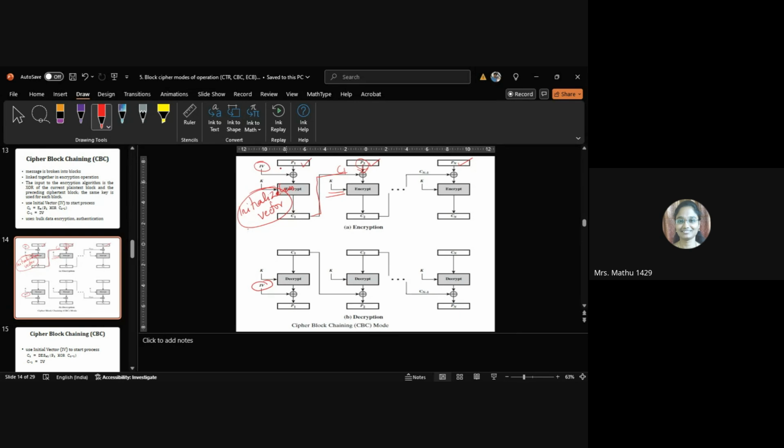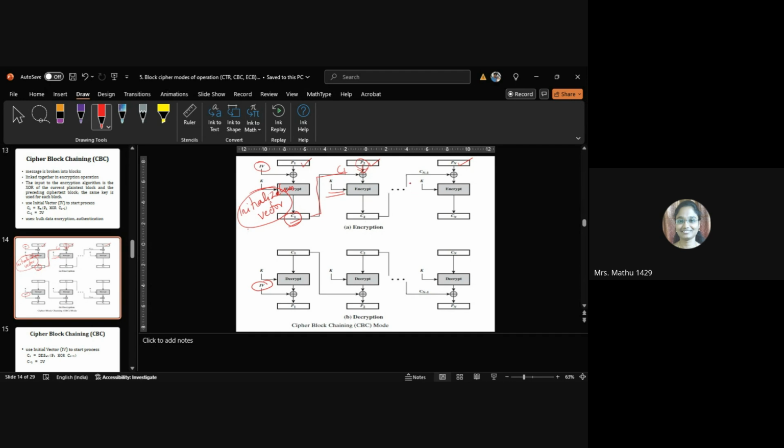So now in the first phase, the plain text will be XORed with the initialization vector, and that result will be encrypted using the key, and you will get a ciphertext. And now this ciphertext will be XORed with the next second block of plain text. So the result will be again encrypted with the key.